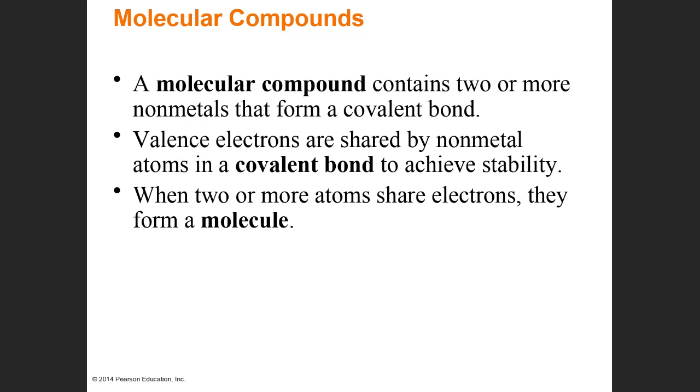Okay, we still have these outer layer of electrons that are involved in the bonds. But in this case, rather than transferring the electrons to achieve stability, they're going to share electrons with each other to achieve stability. So when two or more atoms form a unit by sharing electrons, they form a molecule.